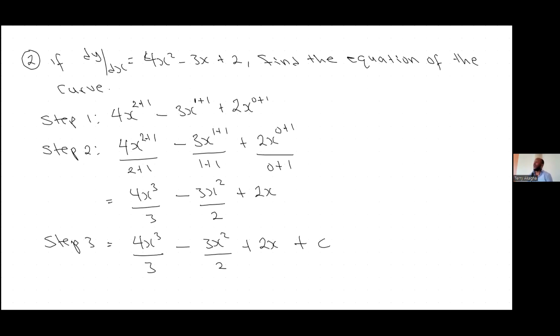All right. So what I want you to do, I want you to try these examples. Okay. Then you can put the answer in the comment section. All right. So let's say you are given, find the equation of family of curves.